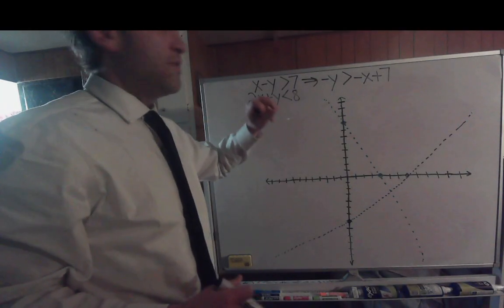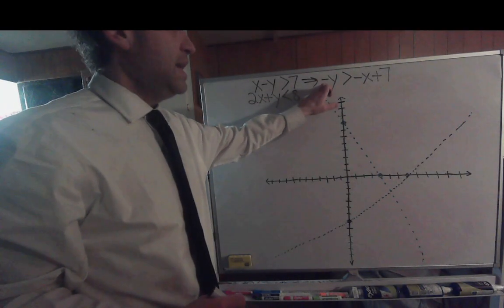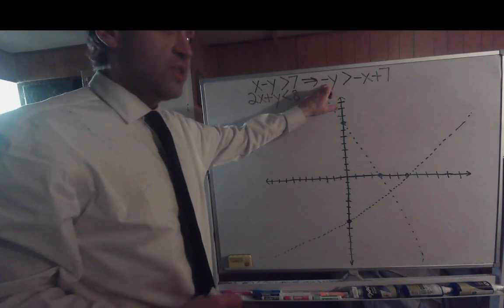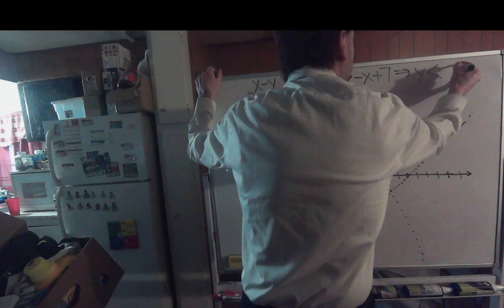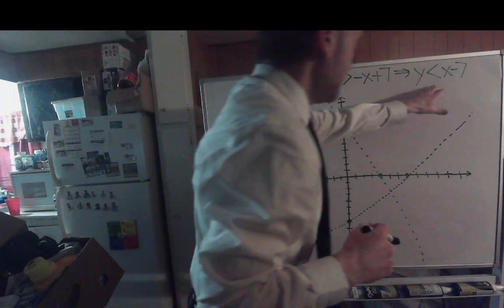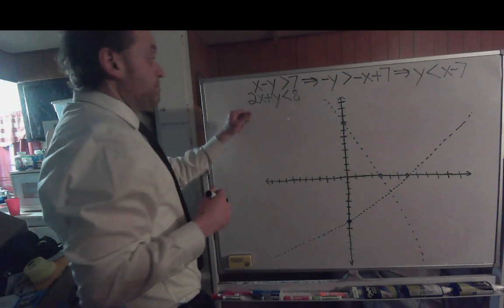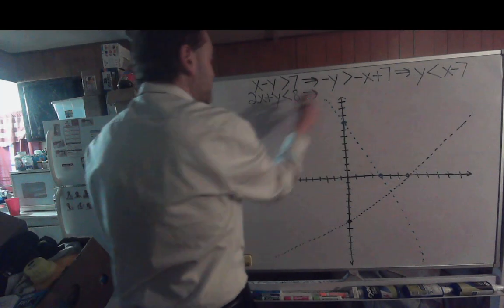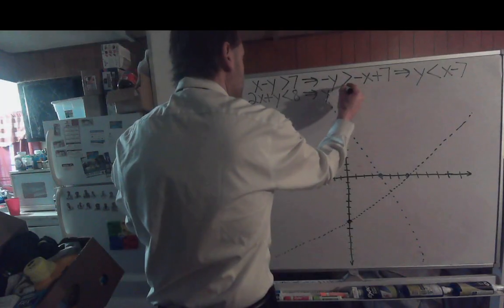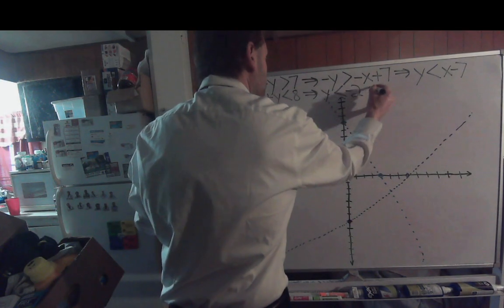Whenever you have an inequality and you divide by a negative sign, you actually end up flipping the sign. This would end up turning into y is less than x minus 7. So we have y is less than x minus 7, and then 2x plus y is less than 8. This is simply going to turn into y is less than negative 2x plus 8.